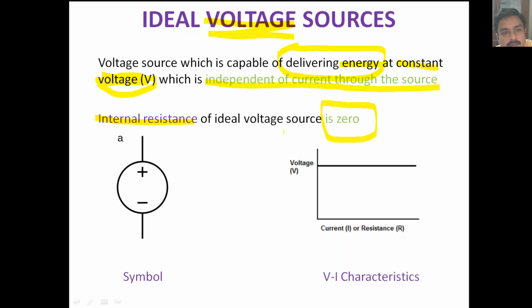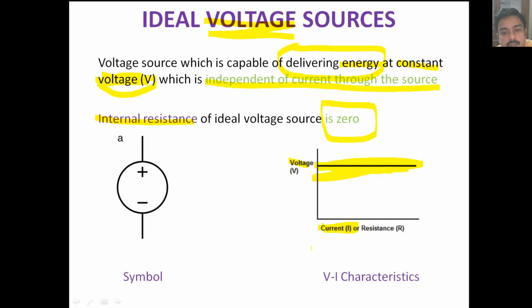Also, since the delivered energy is at a constant voltage, in this graph we can say that the voltage along this line is always constant. The voltage is always constant, but the current can increase or decrease. See, the y-axis represents the voltage.